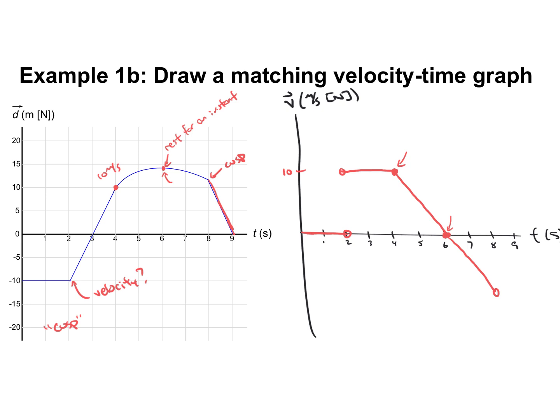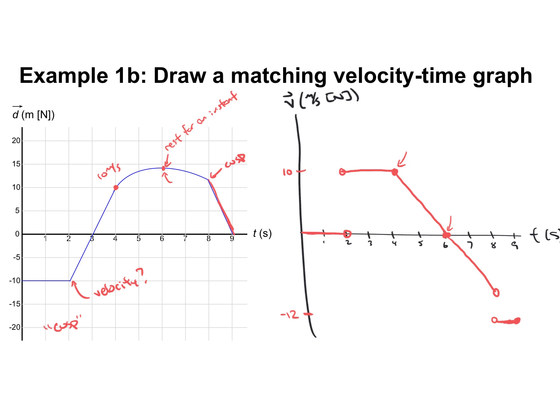So I'm gonna make a label here, negative 12. And I had a constant velocity of negative 12. So that's how I'm going to end the graph. I'm going to have a horizontal line staying at negative 12. And that would be the matching velocity time graph for my position time graph.